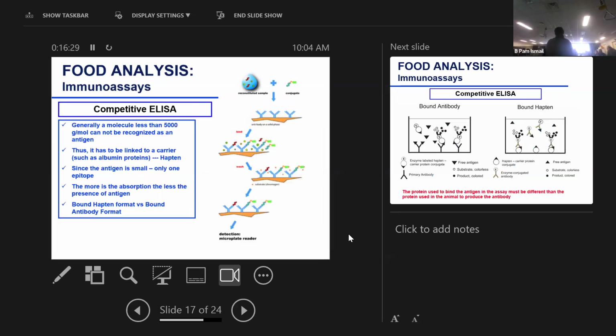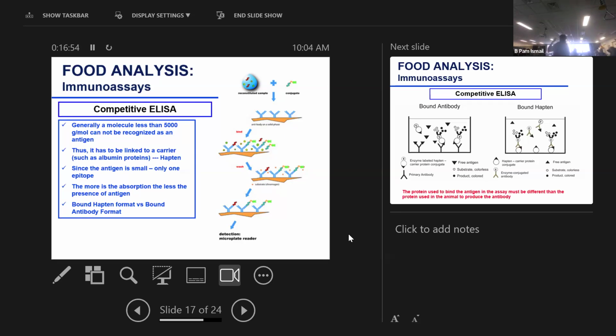Now I'm going to go into competitive ELISA. So far, we talked about non-competitive ELISA. Competitive ELISA is specific for small molecules. If in the exam, I give you an image for a competitive ELISA and ask you to give me an example of an antigen, if you say protein, it's wrong.